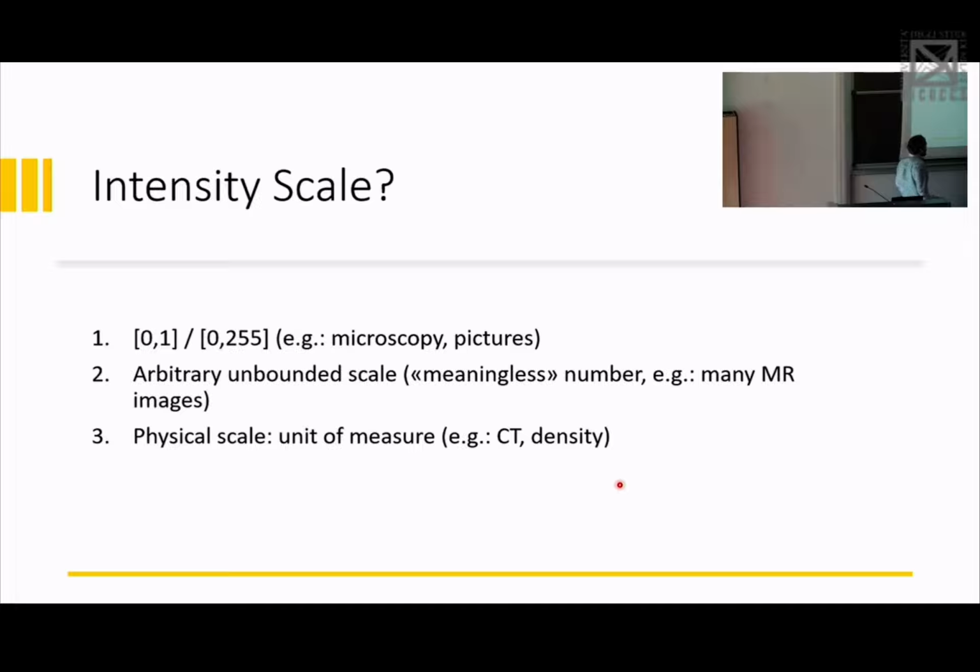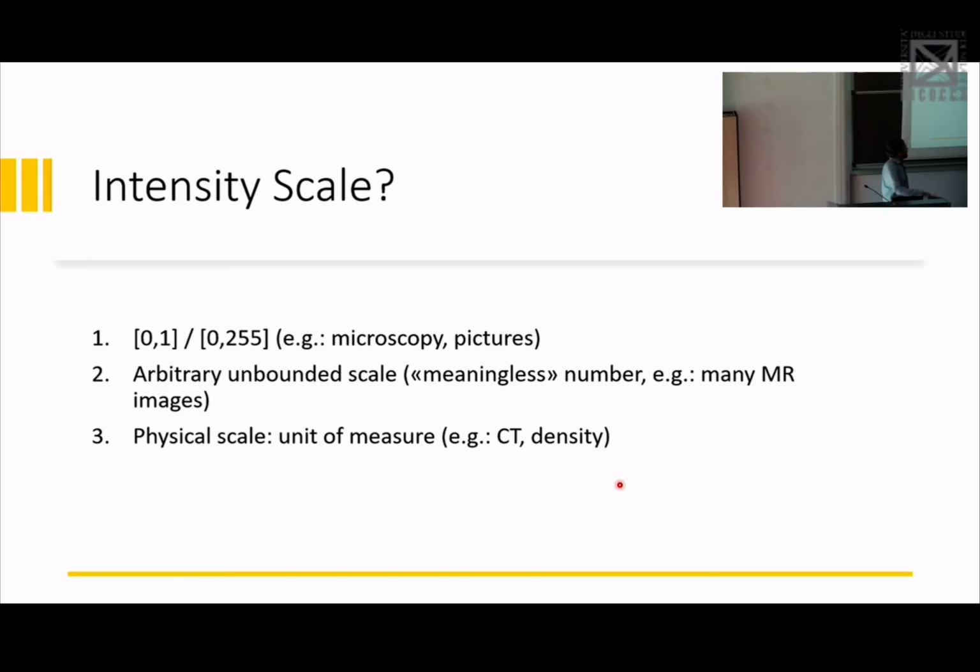Generally, you have 8 bits of resolution per color. We'll come back to that when we talk about screens. And therefore, you have numbers that are bounded, and they generally go in a range from 0 to 1 or from 0 to 255. This is irrelevant; it depends only on your data format.